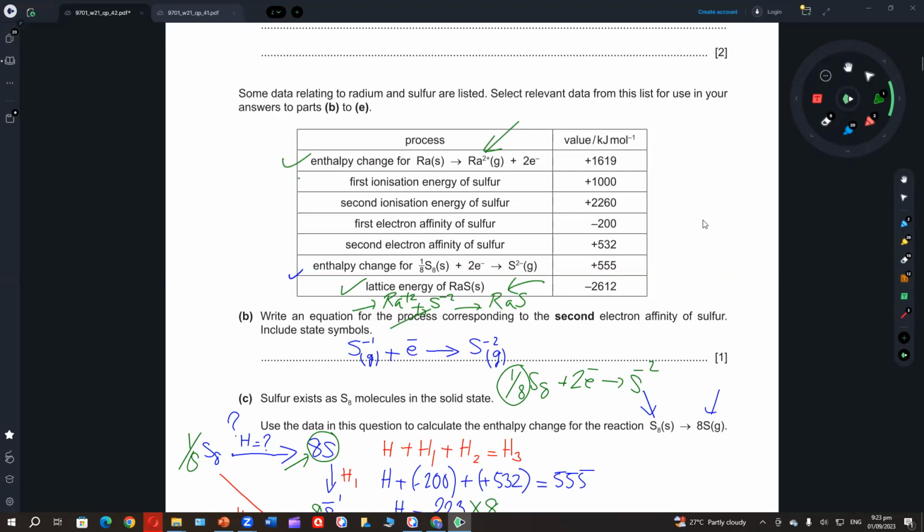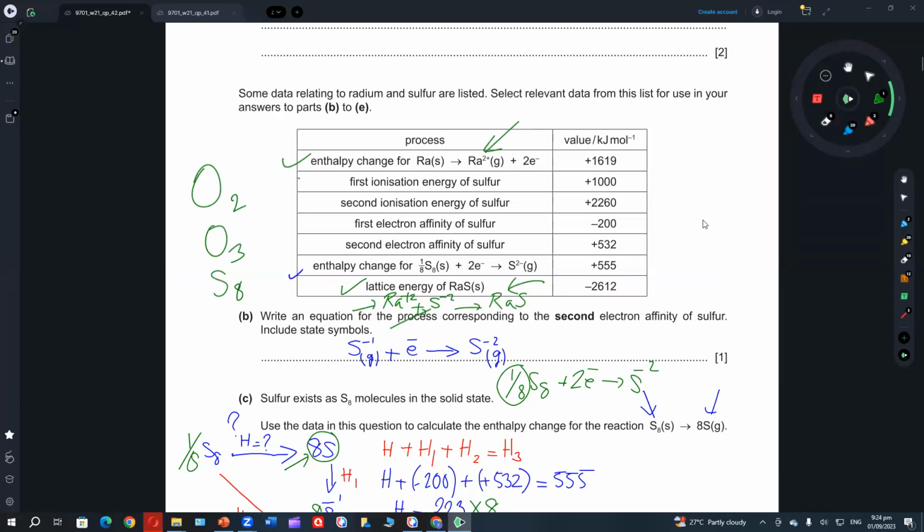S8 is an allotrope of sulfur. It is a natural substance. It is not that somehow we have joined them. S8 is a molecule, just like oxygen is O2, ozone is O3. Sulfur in most cases is S8. Sulfur is not naturally S.